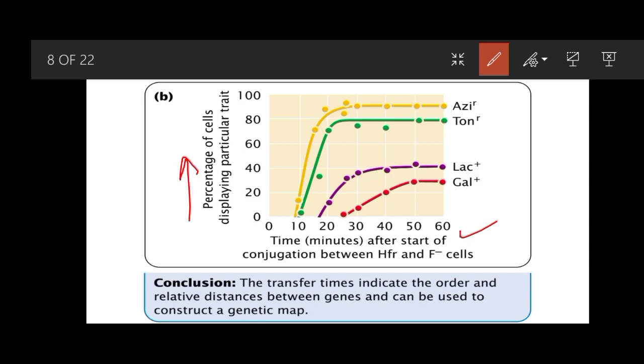The increase in time and the increase in the percentage of cells having different traits is helpful in mapping the genes and their order on the bacterial chromosome.